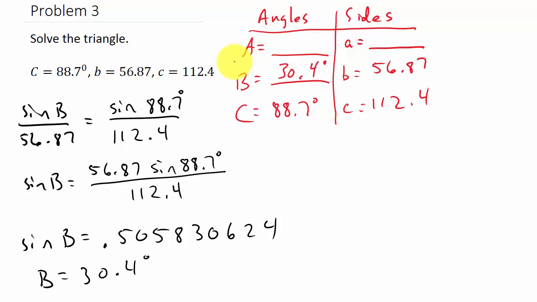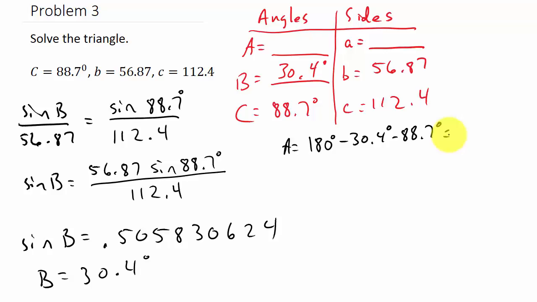All right, so now that we've established there's only one triangle, I can solve for angle A. So A is going to be 180 minus 30.4 degrees minus 88.7 degrees. So that's 180 minus 30.4 minus 88.7.